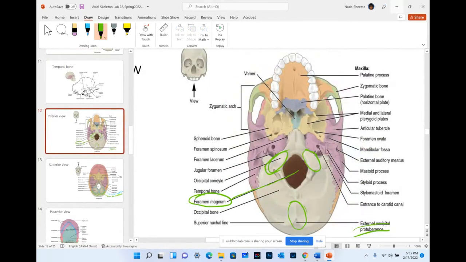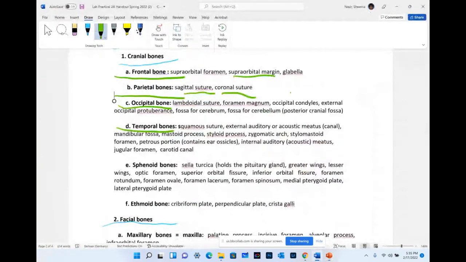And when you look underneath, you see these concavities right here. These concavities are basically called mandibular fossa.